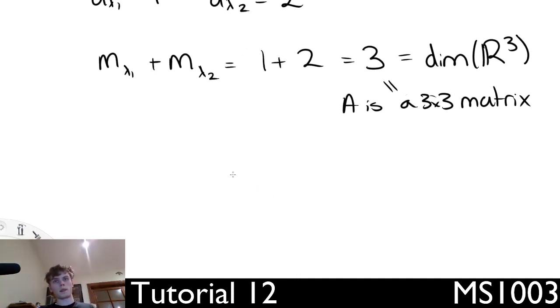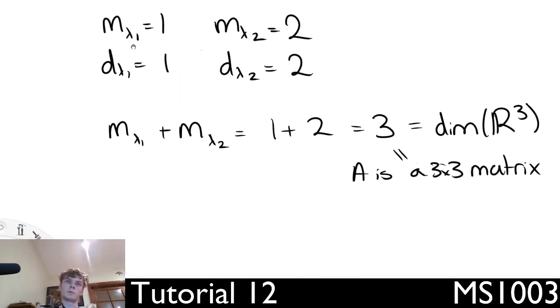So in general, you might guess that if I add all the algebraic multiplicities of all my eigenvalues, it will just equal the size of the matrix. So if A was an n by n matrix, then adding all the multiplicities together should give me n. And that's actually always true. Doesn't matter what your matrix is, doesn't matter what your linear map is, it's always true.